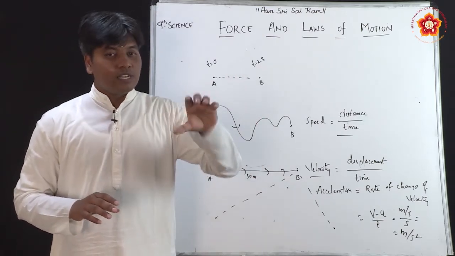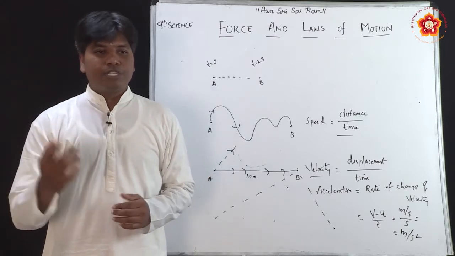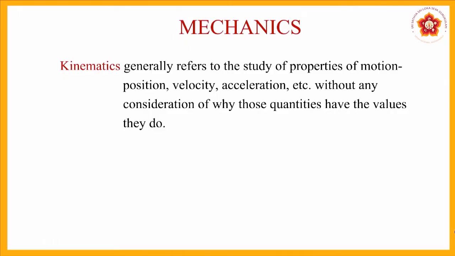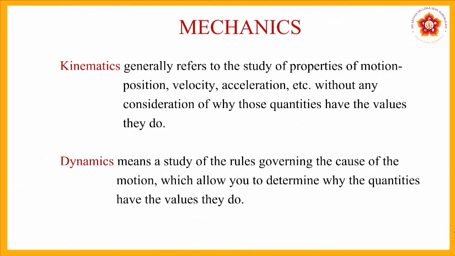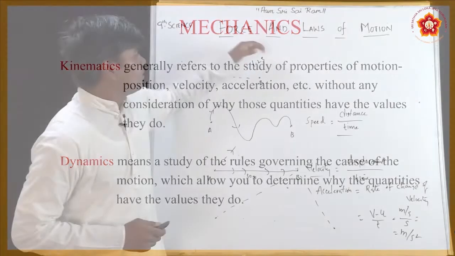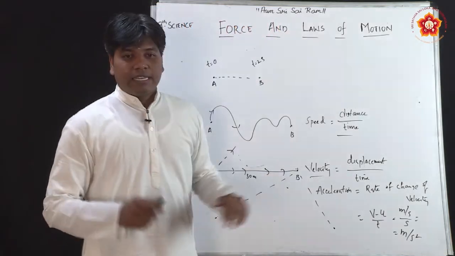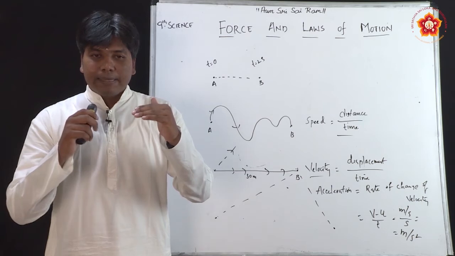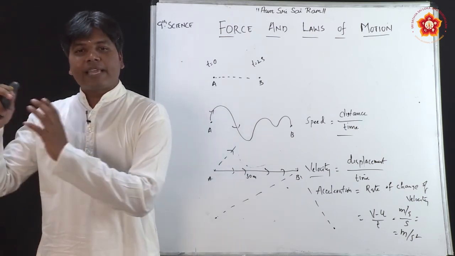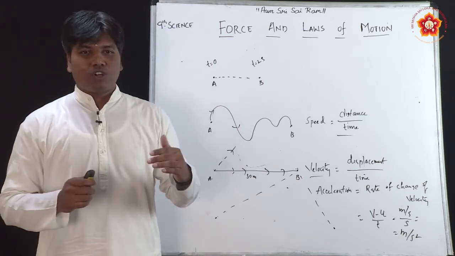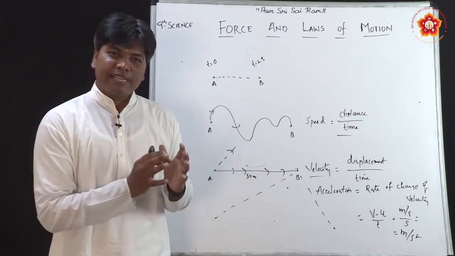All right, the other branch of physics which we call as dynamics means the study of rules governing the cause of motion, which allow you to determine why the quantities have the values they do. This is what we study in this chapter, the laws of motion. So force and laws of motion is the dynamics part of the mechanics. So mechanics, you saw, is divided into kinematics and dynamics.